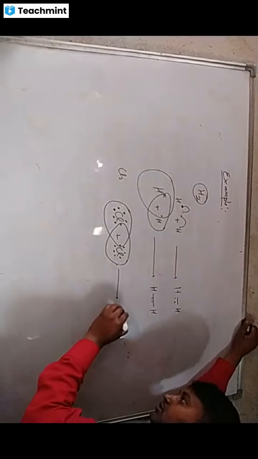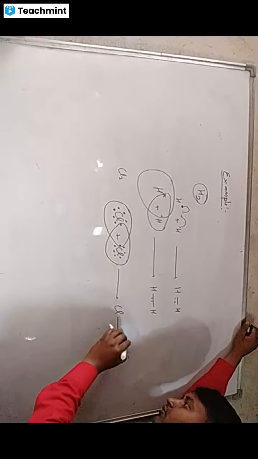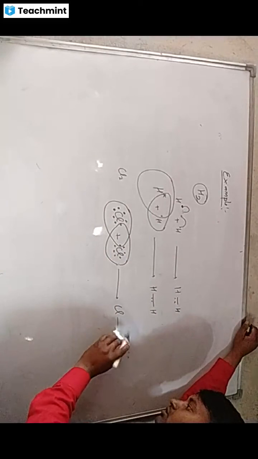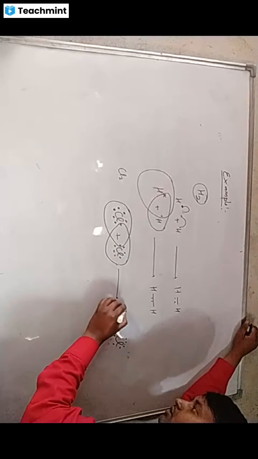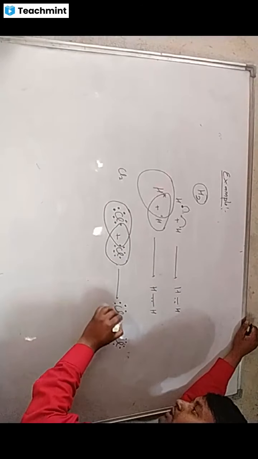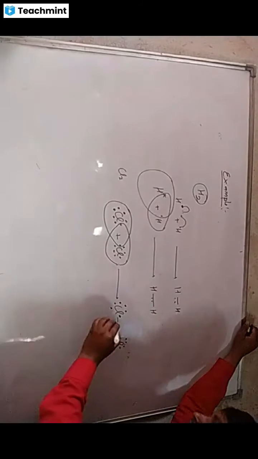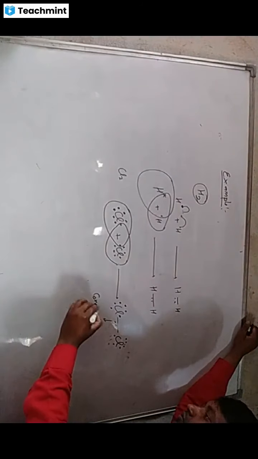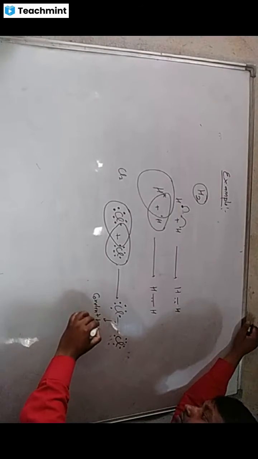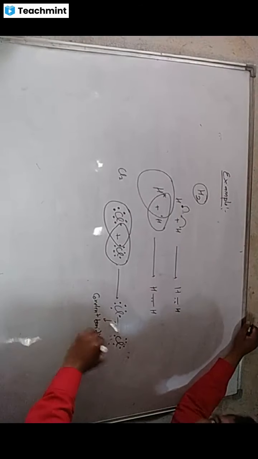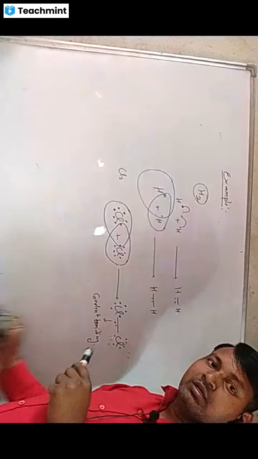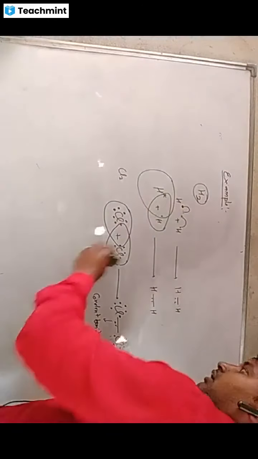Then Cl and Cl bond with 6 extra electrons each: 1, 2, 3, 4, 5, 6 and 2 electrons. This bond is known as covalent bonding. Okay. And next, another example.